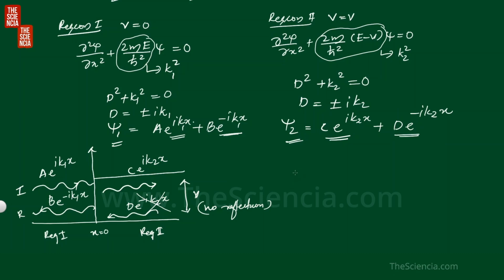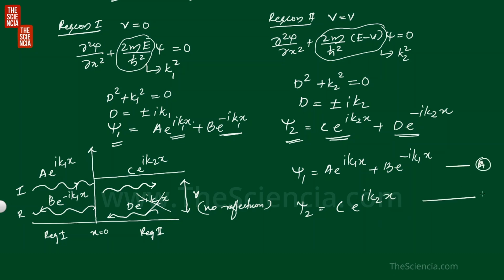So the physically valid wave functions are ψ1 = A e^(ik1x) + B e^(-ikx1), and ψ2 has no reflected wave, only the forward wave, C e^(ik2x). These are the wave functions for the particle in region 1 and region 2.